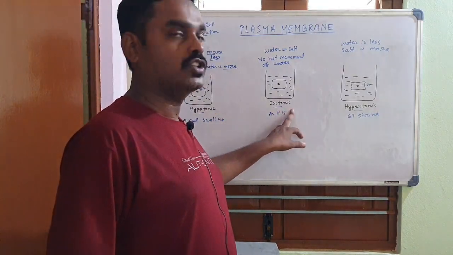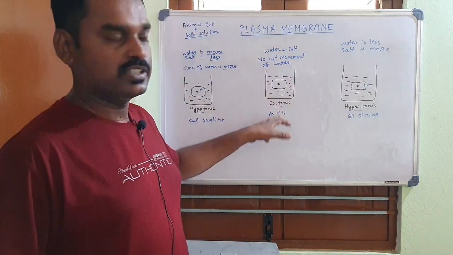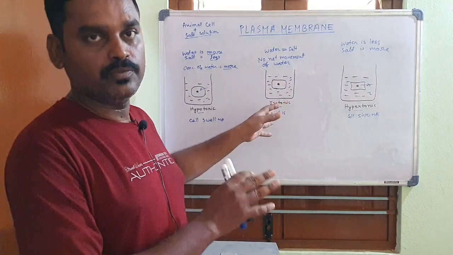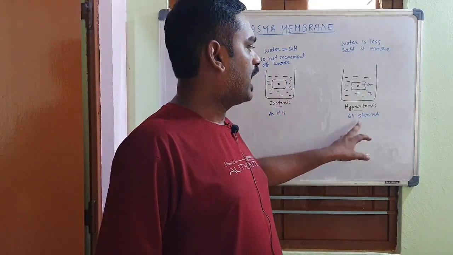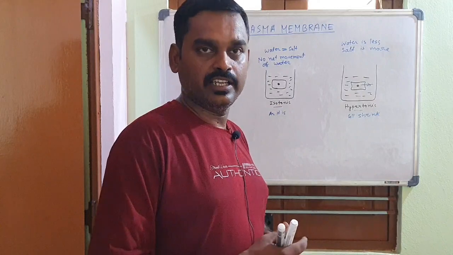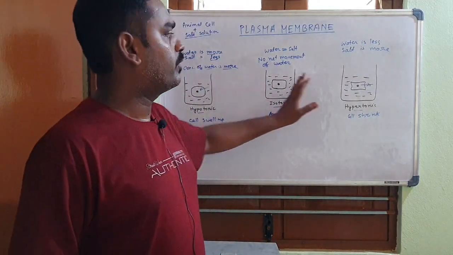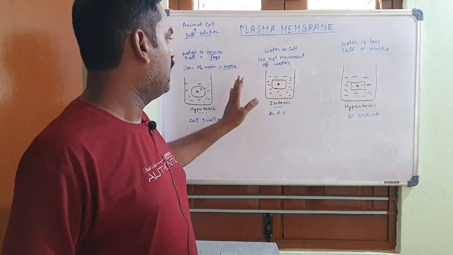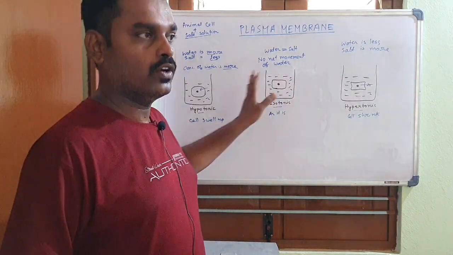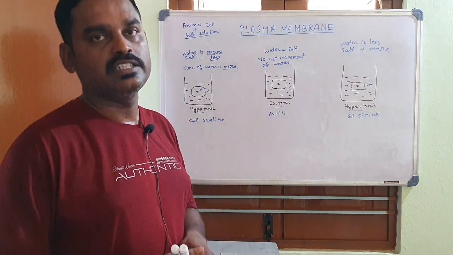In an isotonic solution, the cell stays as it was at the beginning. In a hypertonic solution, the cell shrinks. These are the conditions of the cell in osmosis according to the concentration of water in the solution.